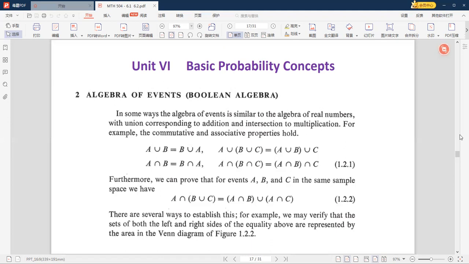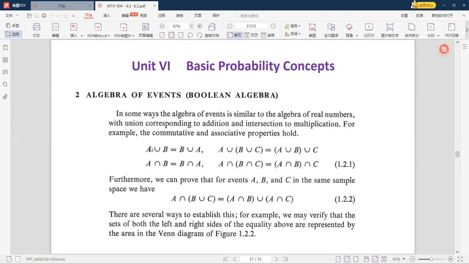And if you compare the algebra of numbers with the algebra of events or sets, Boolean algebra, you can see some common features or laws that apply to both, like the addition in numbers corresponds to the union between the sets, and the multiplication in numbers corresponds to intersection of sets.